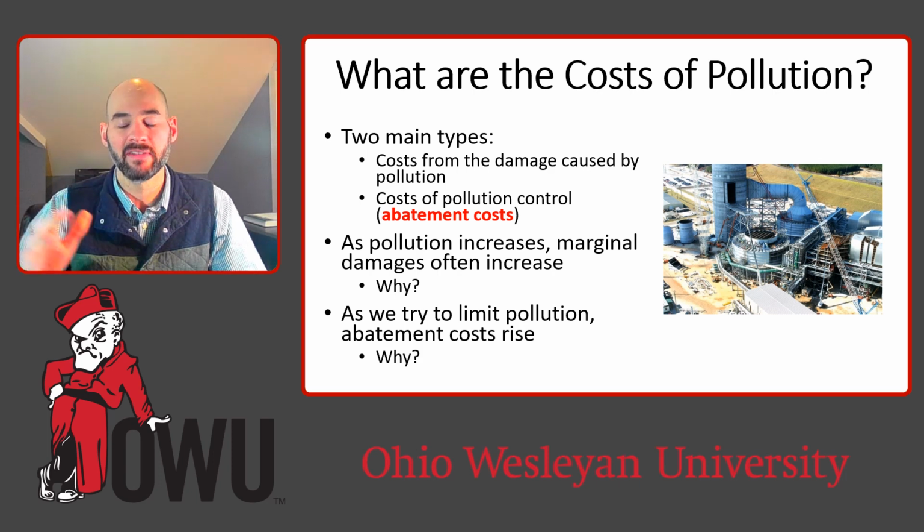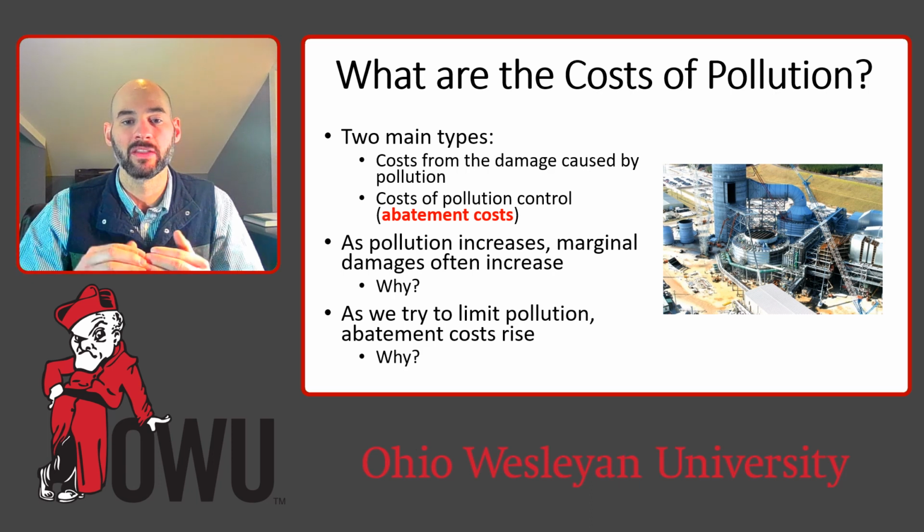They're probably going to have a transition point between those two, or any effort of removing pollution between the very first unit and the very last unit is going to fall somewhere in between the two in terms of cost.